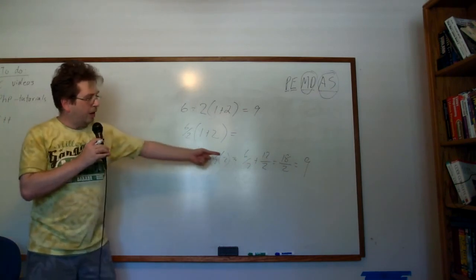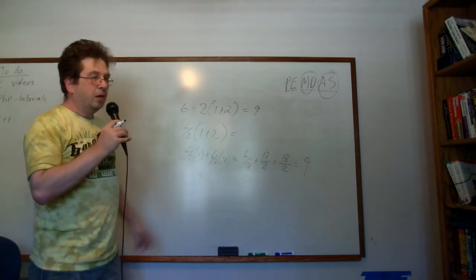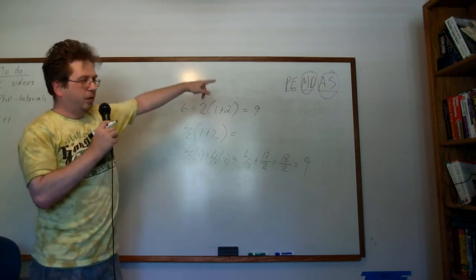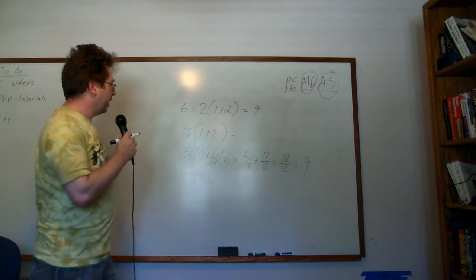Okay, and there you have it. That's the associative way of doing this, and it still comes out to 9, the correct way. However, the way you should learn to do it is the way up there, so you don't make the mistakes.